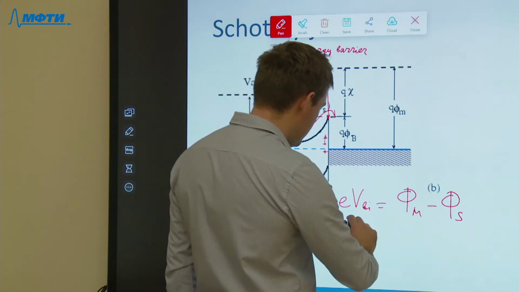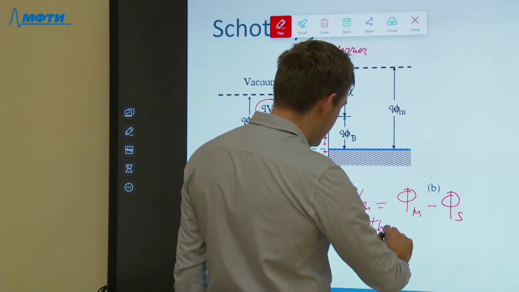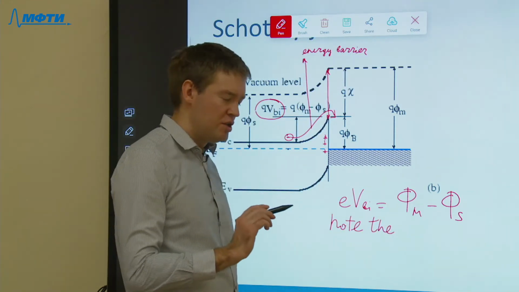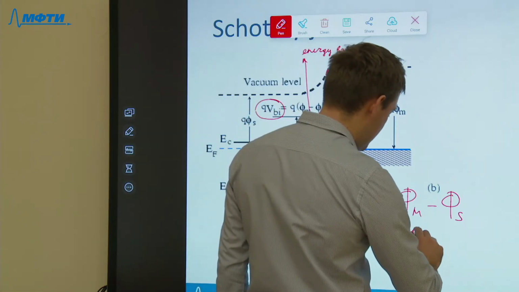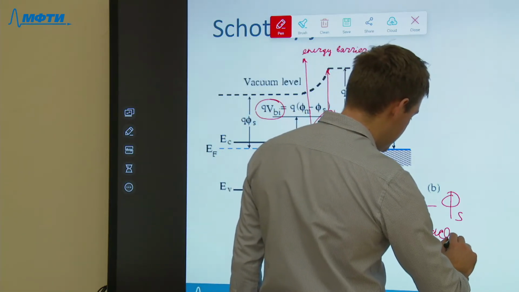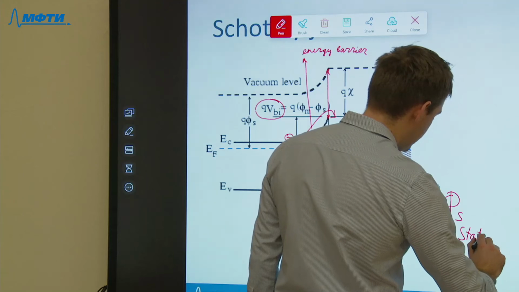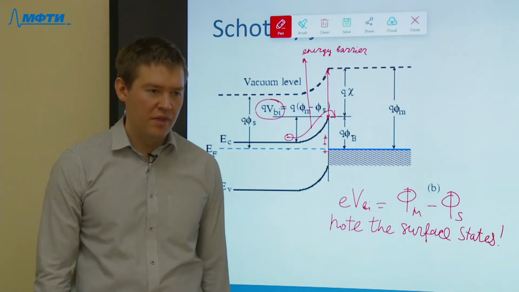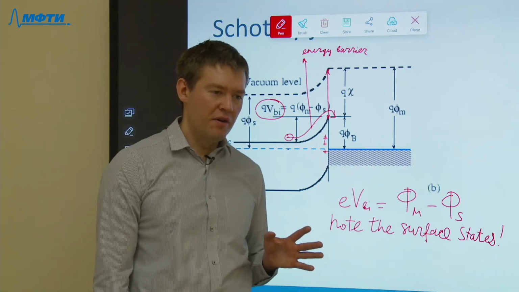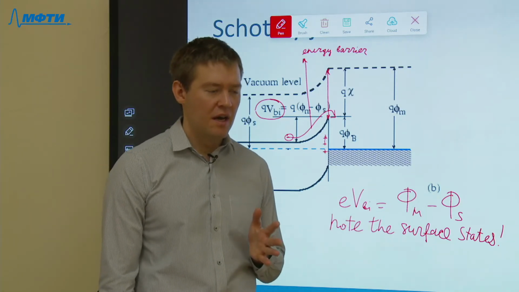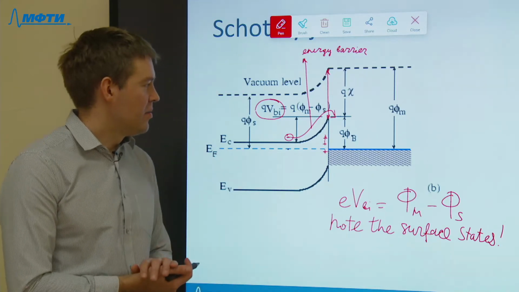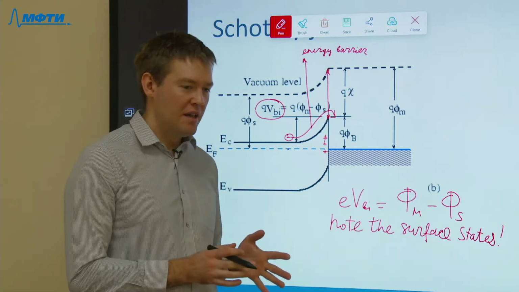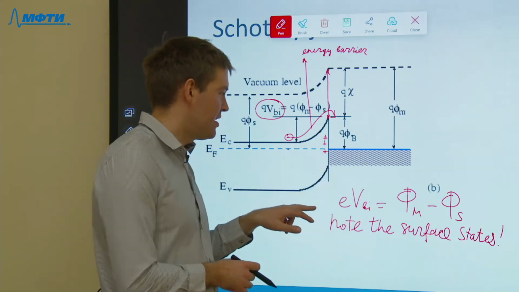This rule is not fulfilled when the surface is unpassivated and quite dirty. If the surface states exist, then this rule breaks down. It breaks down very often for the contacts of silicon and several metals. But if there are no surface states for some reason, or they are passivated, then this rule works fine.